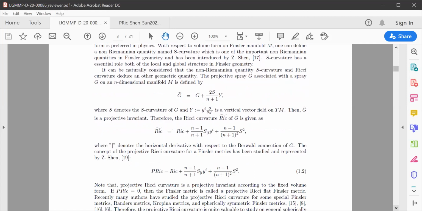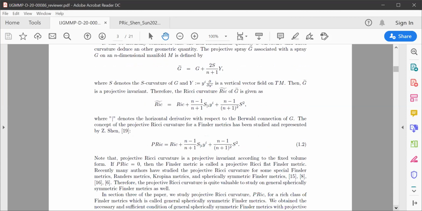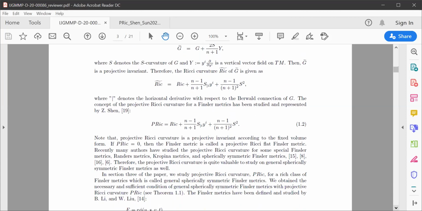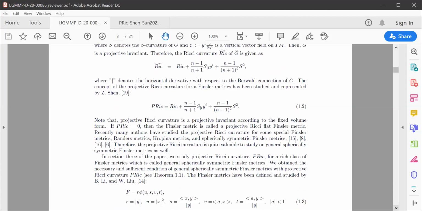Then the concept of project Ricci curvature is introduced in the book actually. So it's called the P Ricci curvature. A project Ricci curvature is a project invariant for the fixed volume form. Okay, so the point.